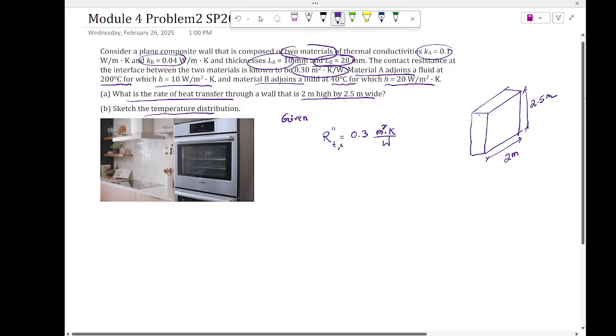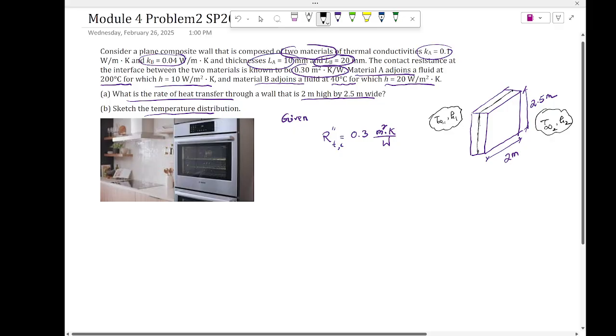They said there are two plates, right? So there is the interface between these two plates, and there is this contact resistance, right? And not only that, there is a fluid layer, and they gave you the temperature, T infinity 1, h1. They gave you the temperature T infinity 2, h2, right?